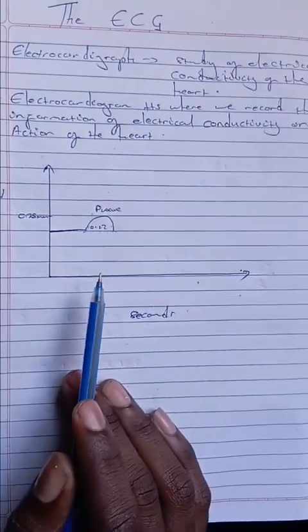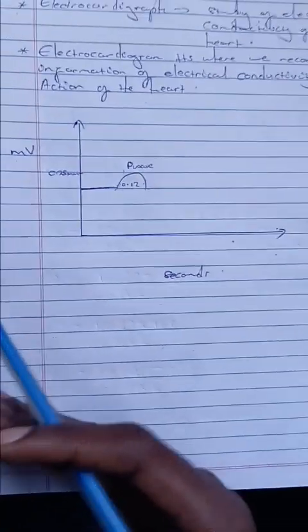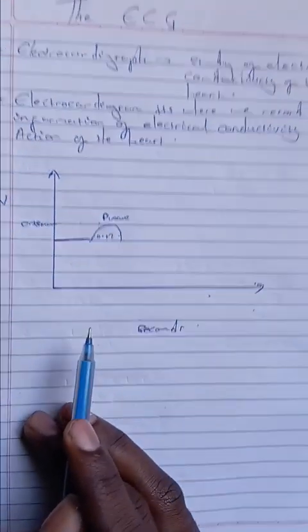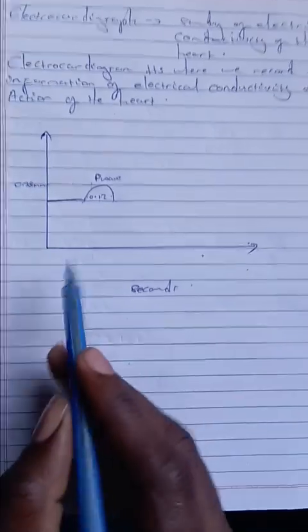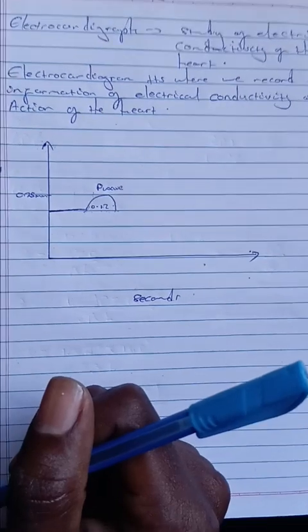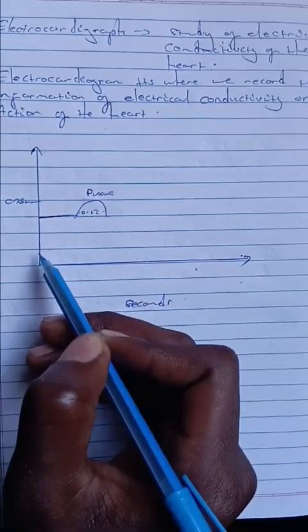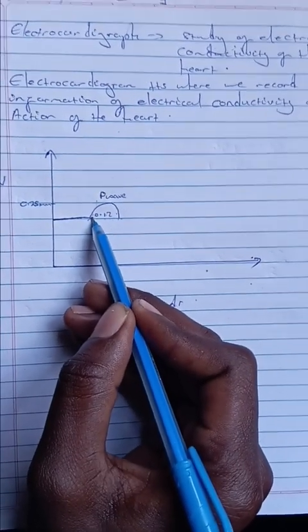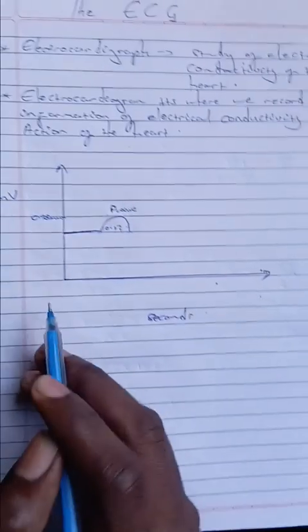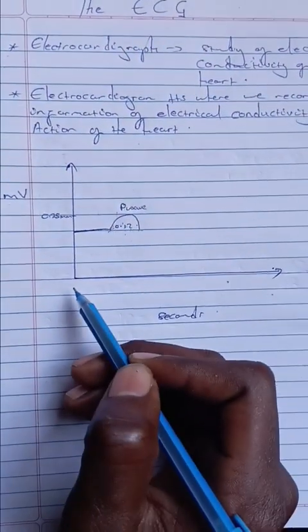Sometimes there is hypertrophy of the heart, which means the heart muscles are larger, or hyperkalemia, which is high levels of potassium. Hyperkalemia may cause a small deflection or absence of a deflection in the atrial depolarization, P wave here.